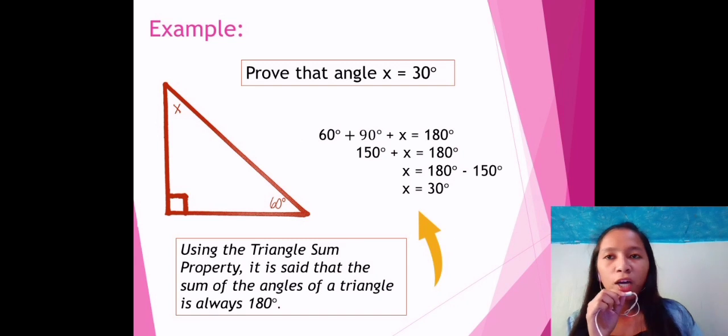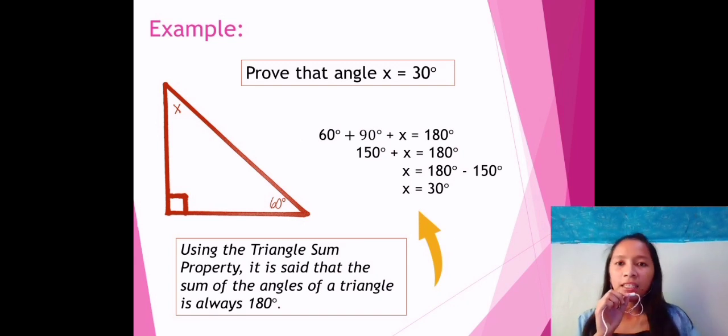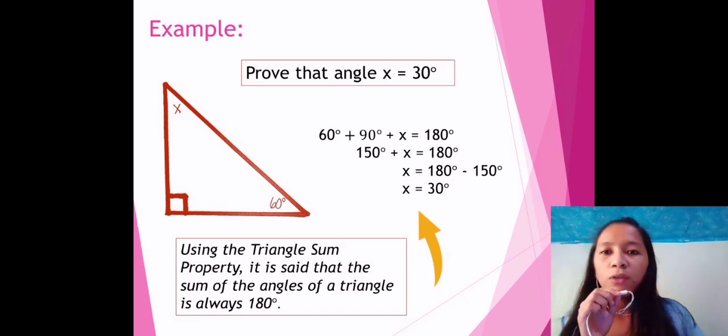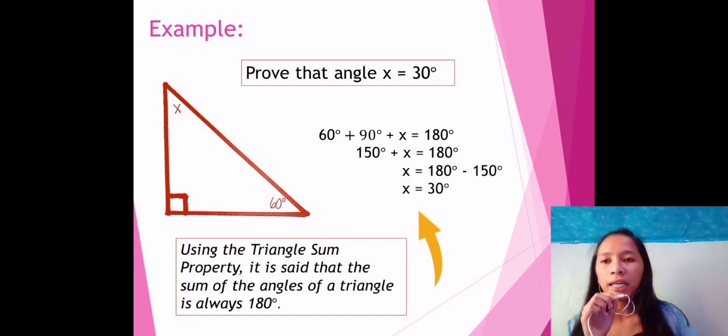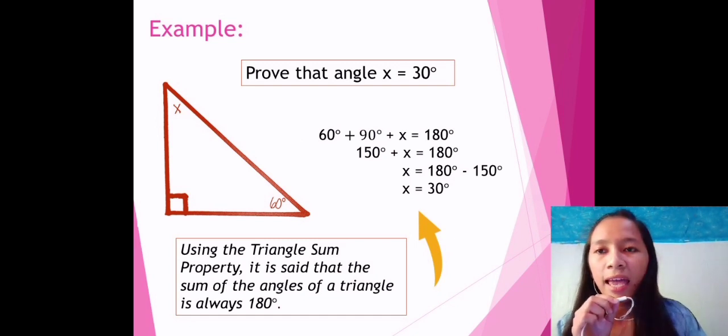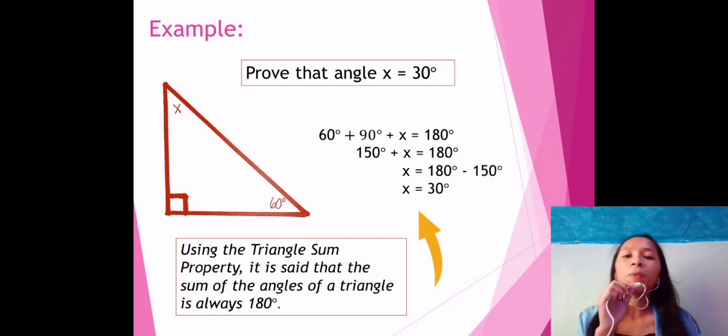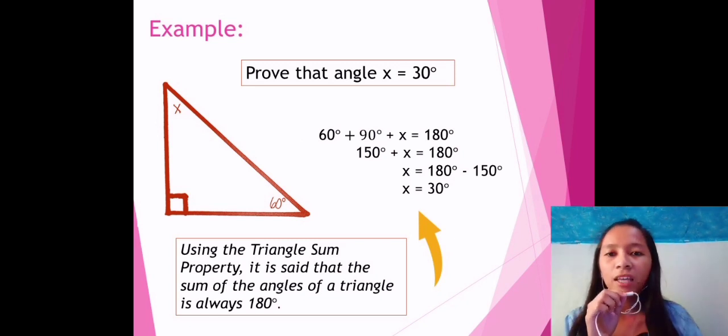Example number 1. Prove that angle x is equals to 30 degrees. Using the triangle sum property, it is said that the sum of the angles of a triangle is always 180 degrees. So pag pinag-add natin, dapat ang magiging total sum ng mga angle is 180 degrees.